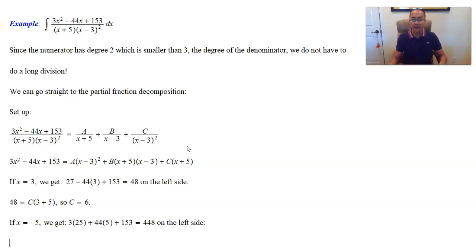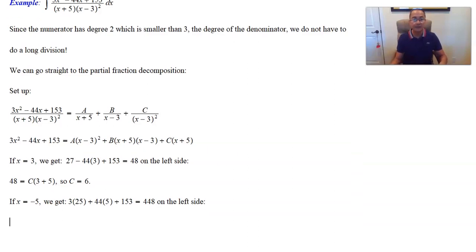And on the right, so let's make some room here. 448 equals, we're plugging in negative 5 on the right. So A survives, B goes away, C goes away. Even though we know who C is, it still goes away when we plug in negative 5.